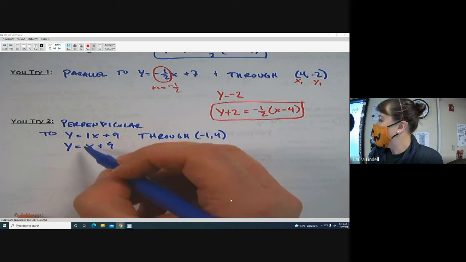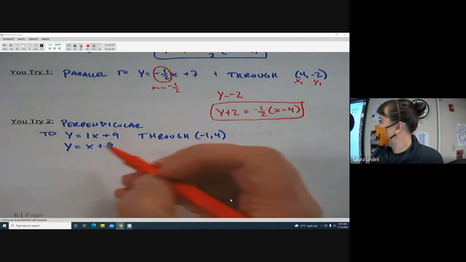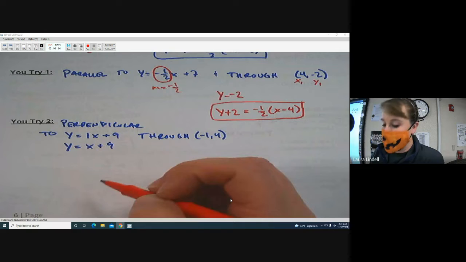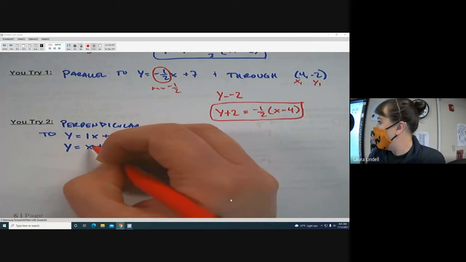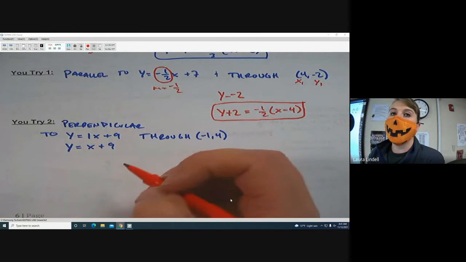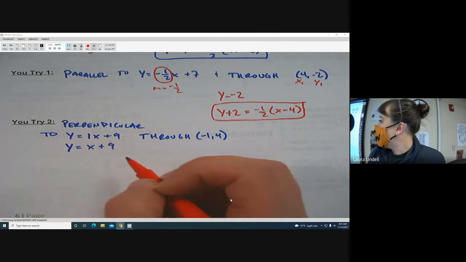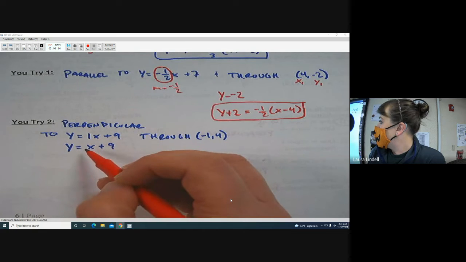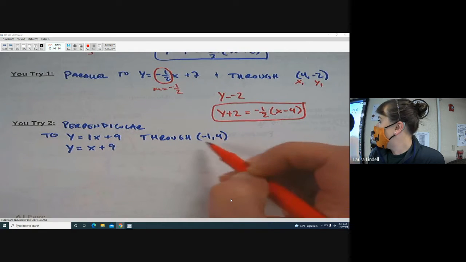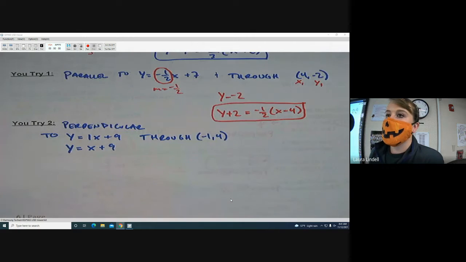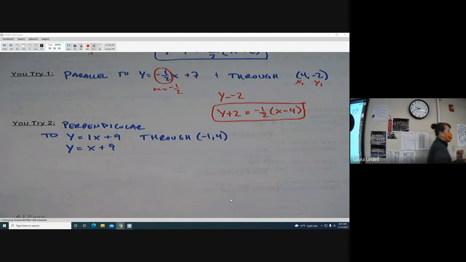The slope is 1. There's an implied 1 in front of the x. Remember from algebra, if you just see an x by itself, that's just like 1x. So we want perpendicular this time to y equals x plus 9 and going through the point negative 1, 4. So find the perpendicular slope with your negative reciprocal. Flip the fraction, change the sign, and then use negative 1, 4 for x1, y1.